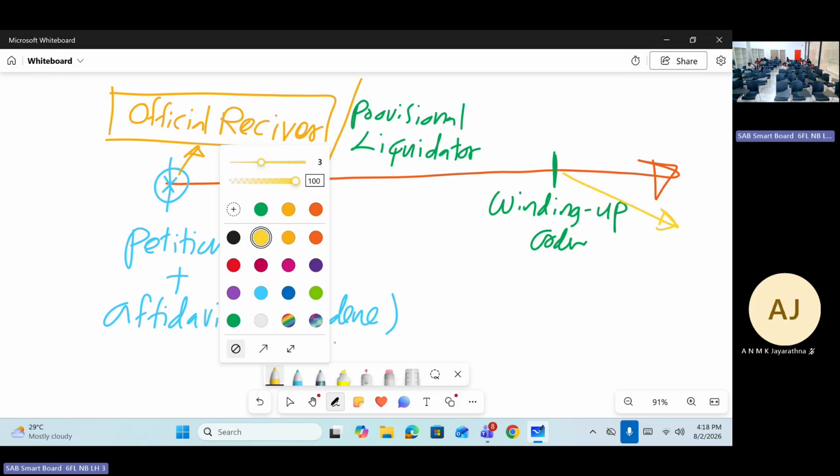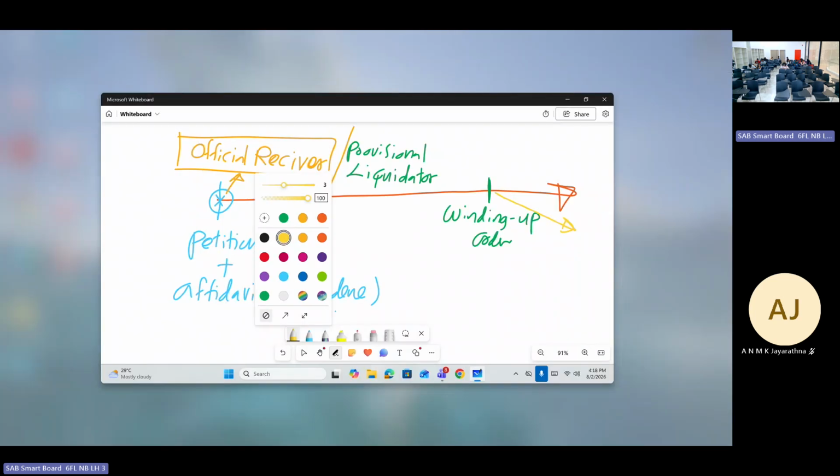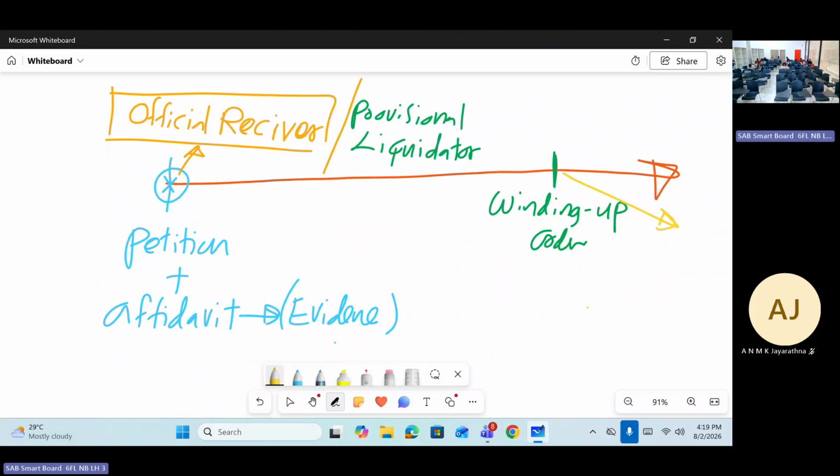Earlier, the provisional liquidator was appointed for a short period to monitor the affairs of the company until the winding up order is given. After the winding up order is given, the court will appoint the liquidator. So this person is named as liquidator.